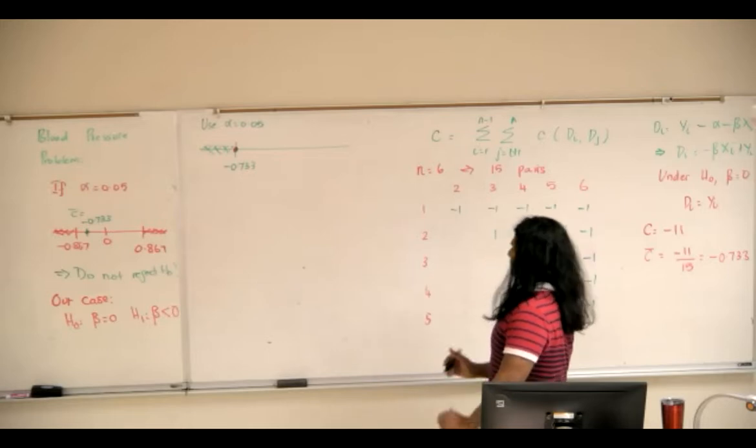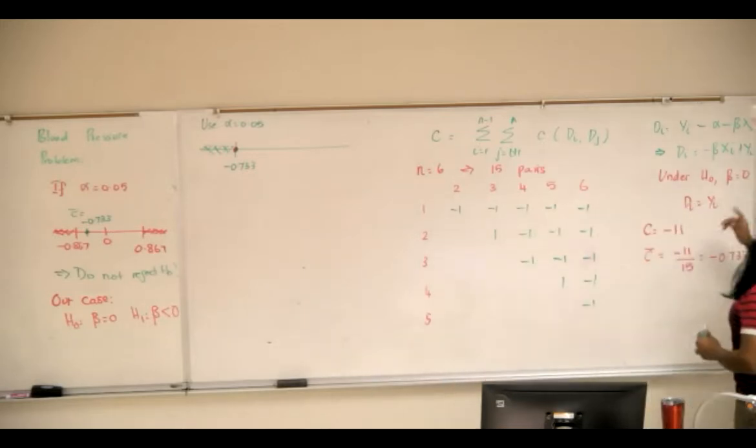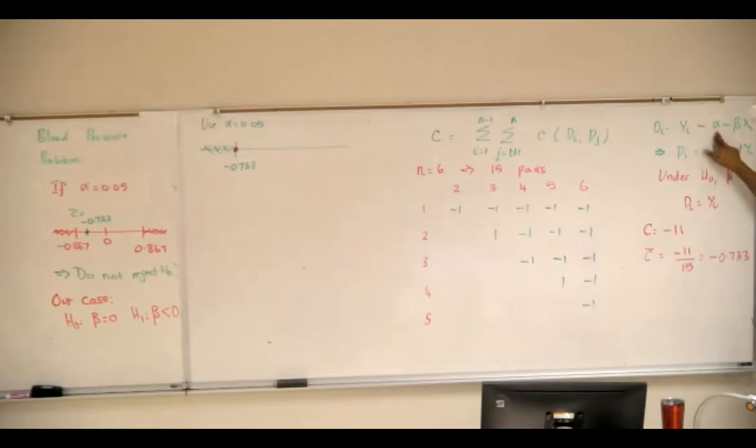Yeah, I mentioned earlier that this alpha will get cancelled. Regardless, when you do dj minus di, the intercept will get cancelled at each step. So whether it's there or not doesn't make a difference, so you can just drop it.